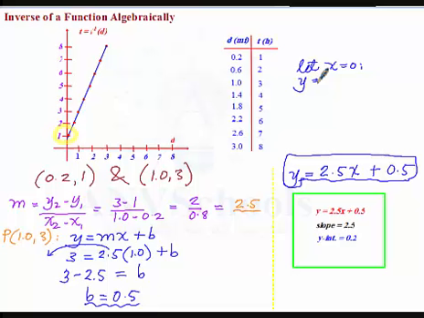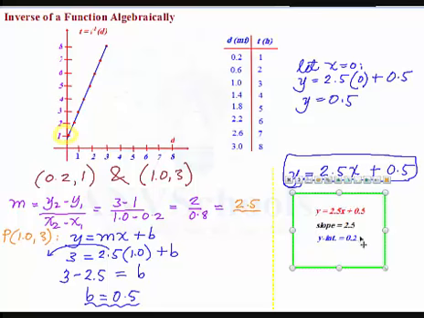So if our x is equal to 0, then y is equal to 2.5 times 0 plus 0.5. So our y is equal to 0.5. This one should be 0.5. I think it's just a typing mistake. So this one is not 0.2, it is 0.5.